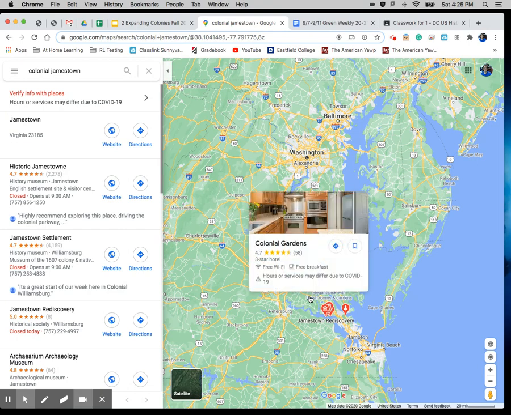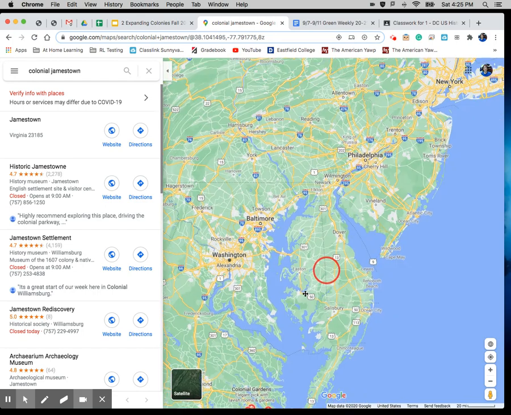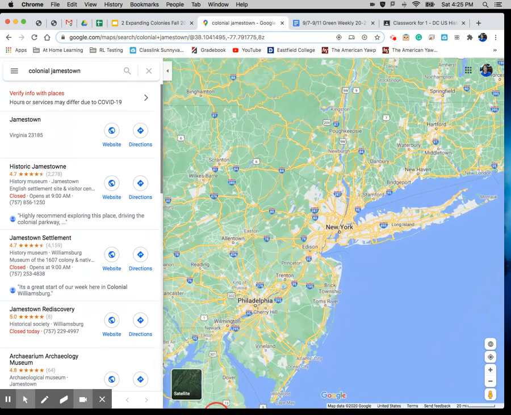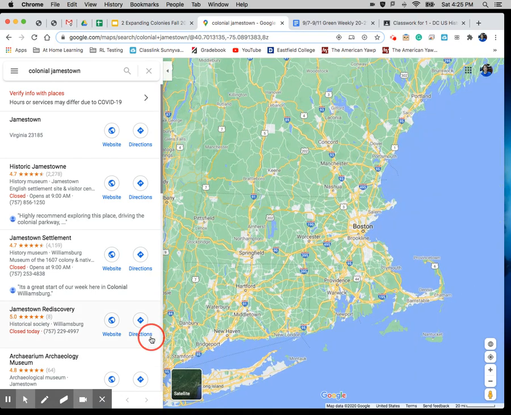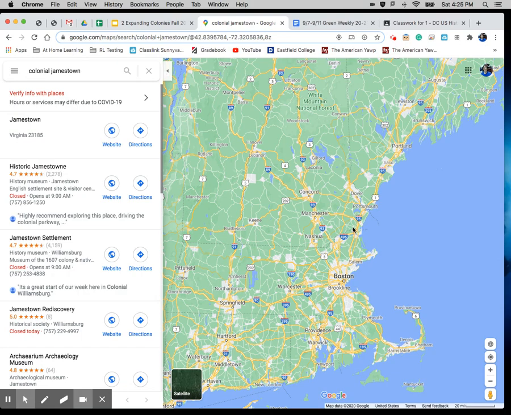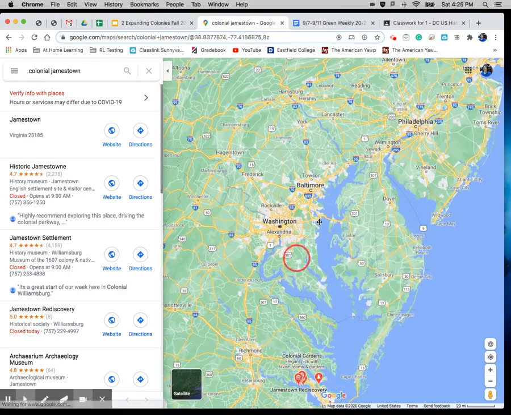So that gives you a little bit of context for what all of that looks like. You've got your Chesapeake colonies, you'll have what they call the middle colonies, which are right here around Pennsylvania and New York, and then you'll have your New England colonies up here. And again, these are very different from each other. They have different structures.